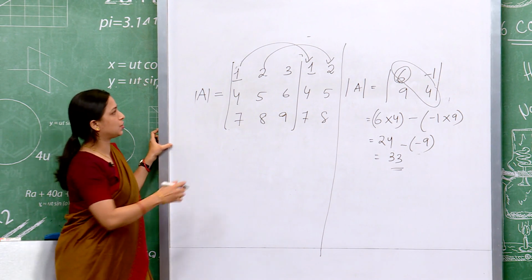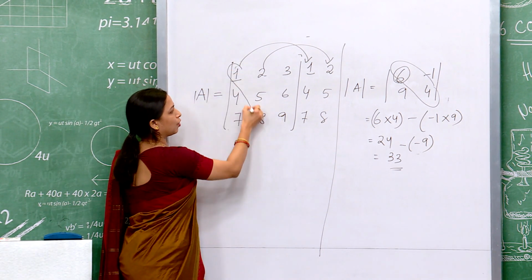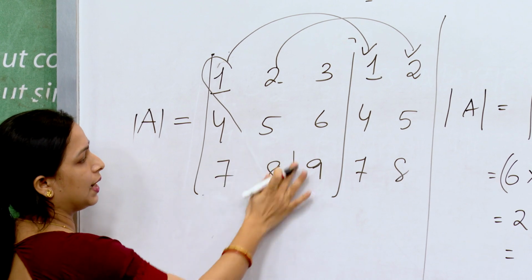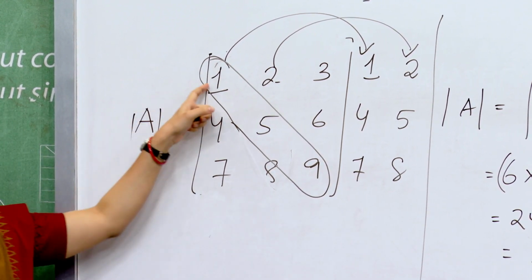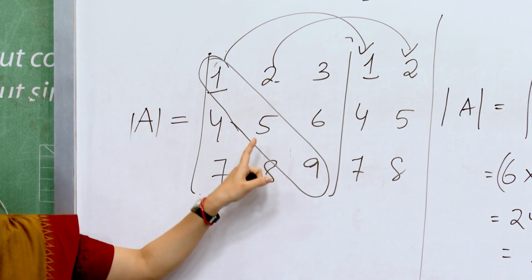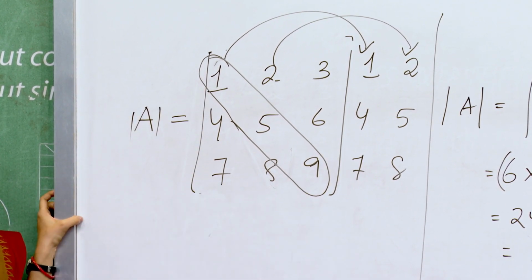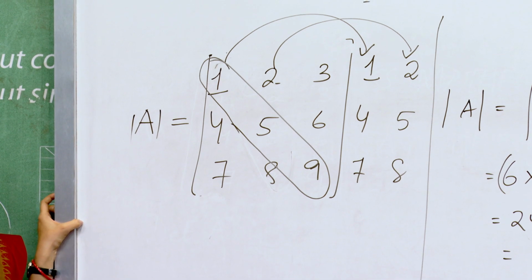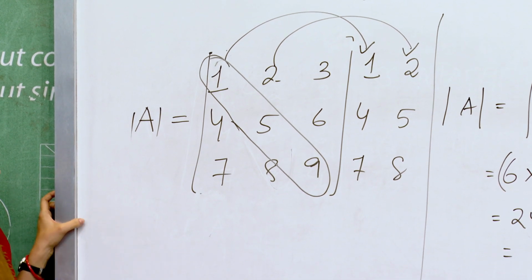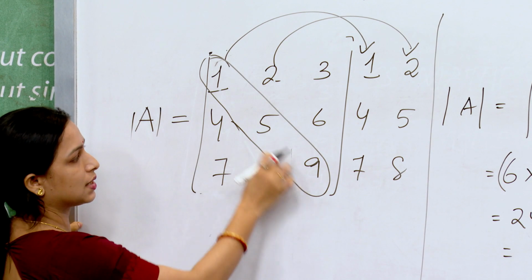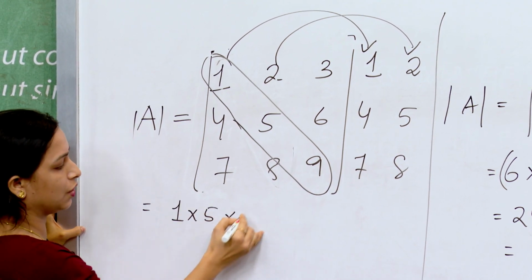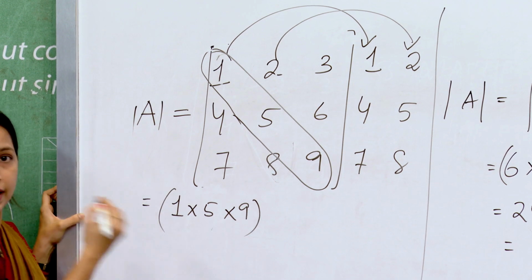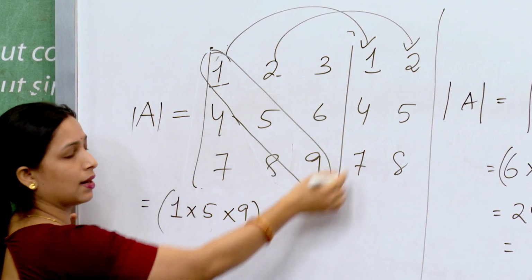The next step is you have to find the product of the diagonal elements, right, going downwards, starting from the top, and you have to find the diagonal product of all the parallel diagonals lying to each other. That means, so this is the first diagonal. So, let us take 1 into 5 into 9, then add it to the next parallel diagonal.